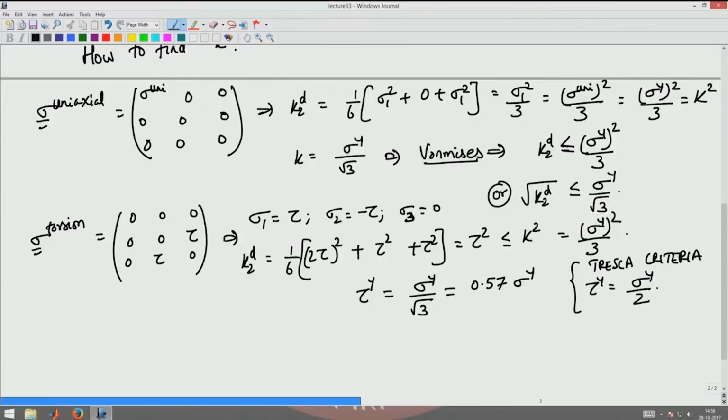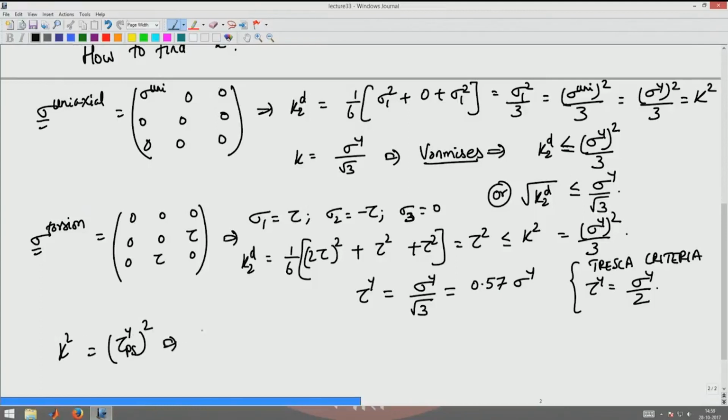Okay. Now, let us do the reverse, just like what we did for Tresca criteria. Let us assume that we find kappa from the shear stress. So, kappa square, tau y pure shear square, must be equal to kappa square.